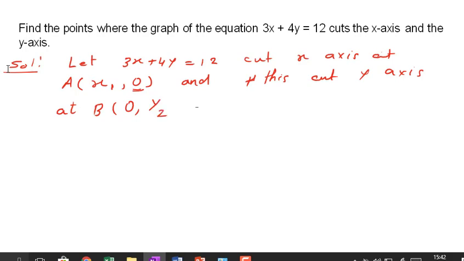So x1 comma 0 is the point where the line cuts the x-axis and 0 comma y2 is the point where the line cuts the y-axis.